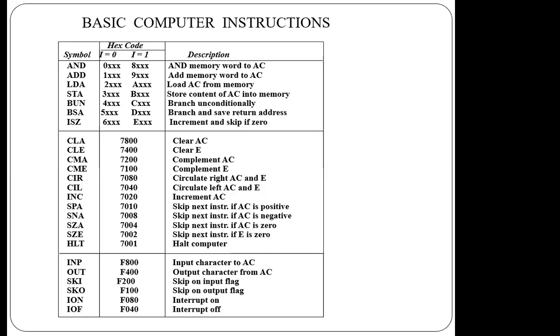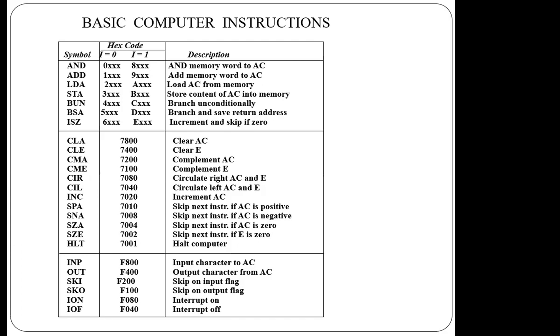So let me move to the second section, that is register reference instructions. Here we have a total of 12 instructions. The first instruction is CLA. How this 7 appears, 7800, how it appears.